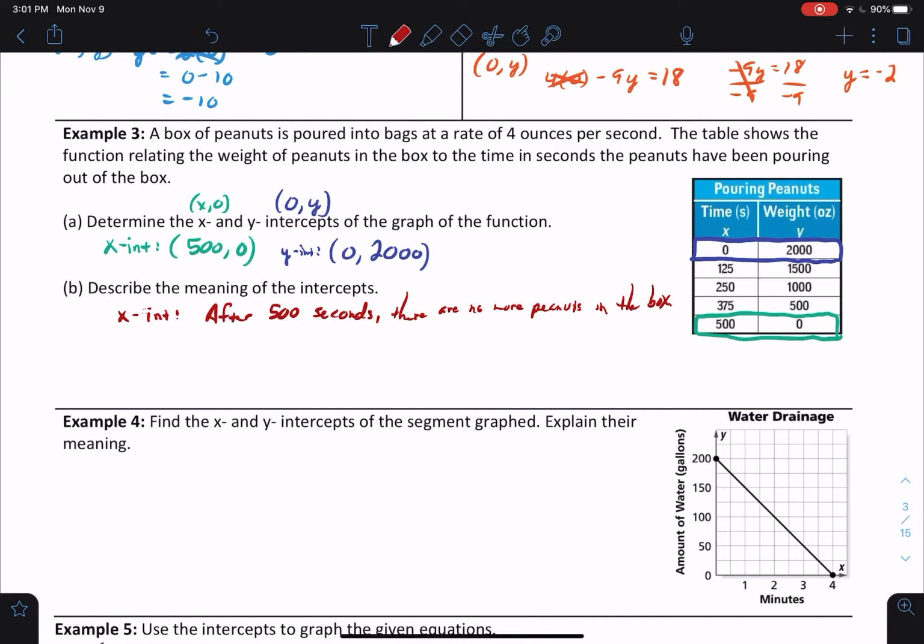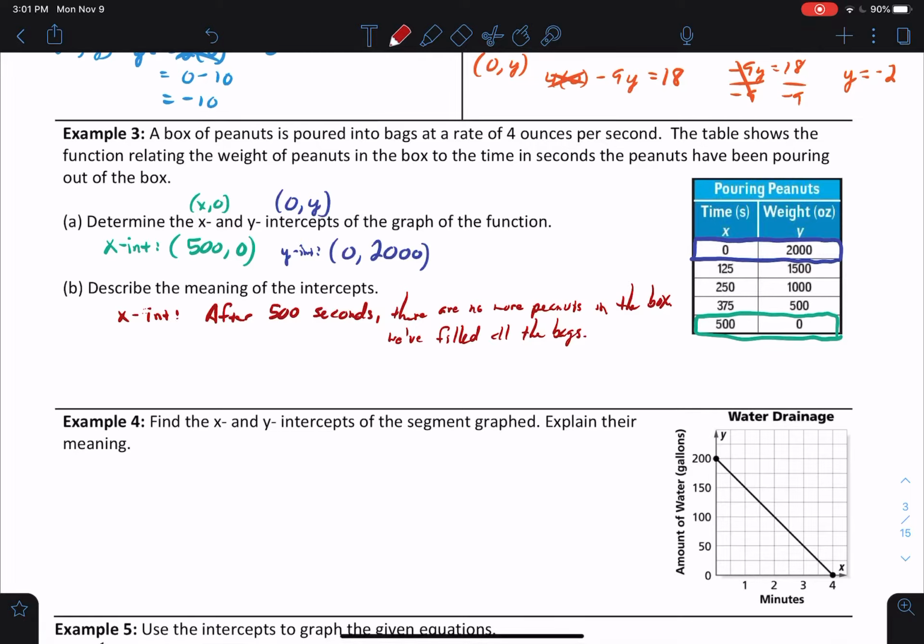We've been pouring peanuts over the last 500 seconds, and after 500 seconds, after we're done, there's no more peanuts to pour. Okay, so after 500 seconds, we've filled all the bags. We've poured out all the peanuts.